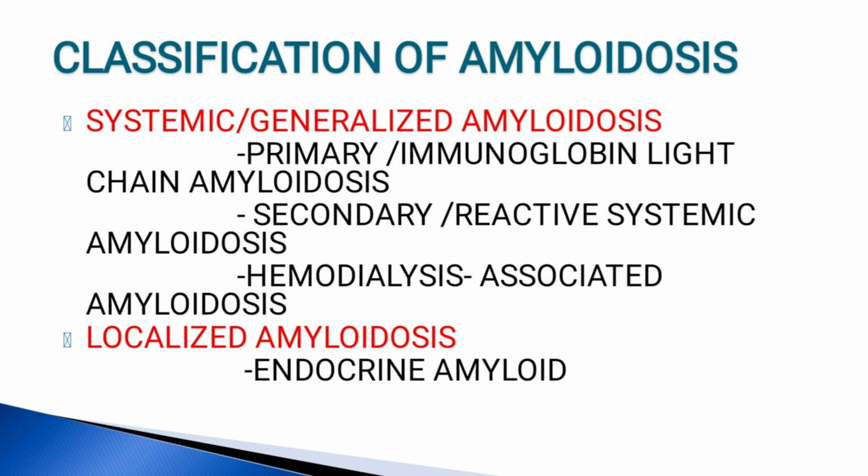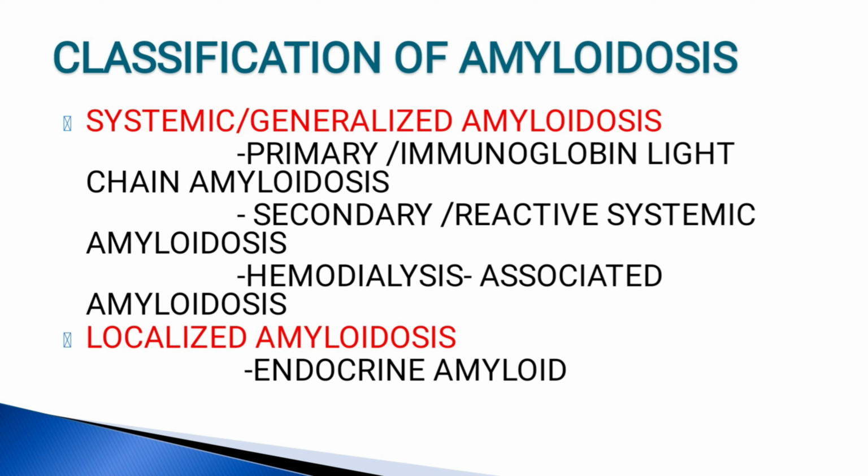We have already seen one of it in the forms of amyloid, that is the SAA protein is proteolized and forms AA protein. Another one is the genetic structural abnormality of SAA, so it becomes resistant to degradation by the macrophages. Next is the hemodialysis associated amyloidosis.